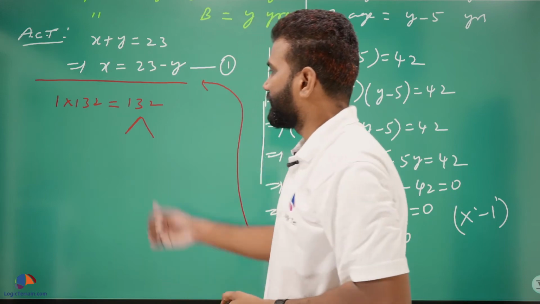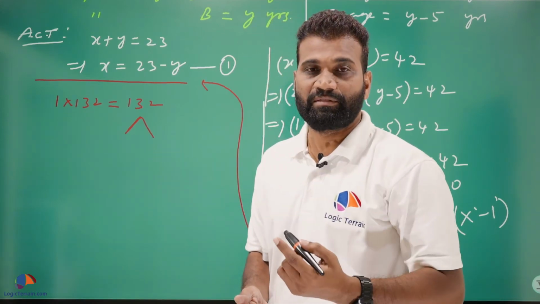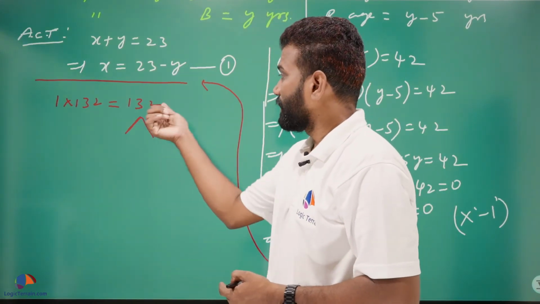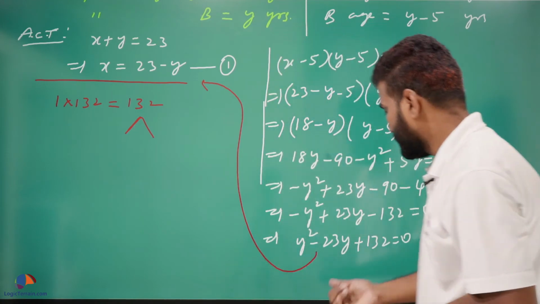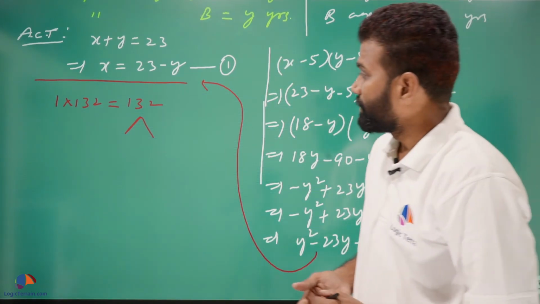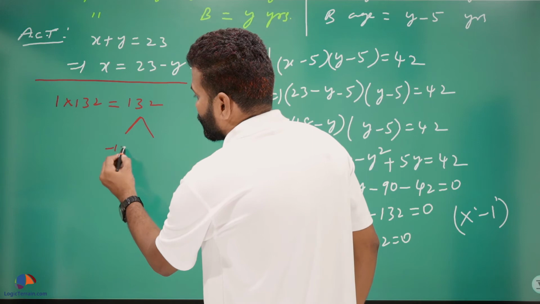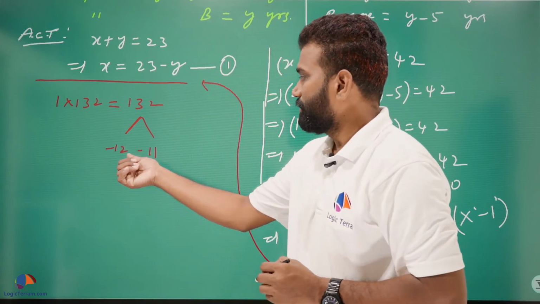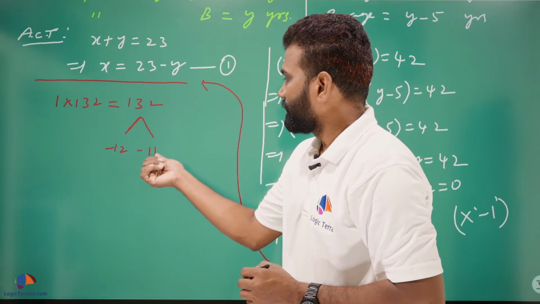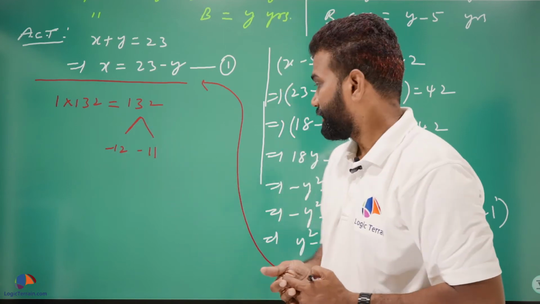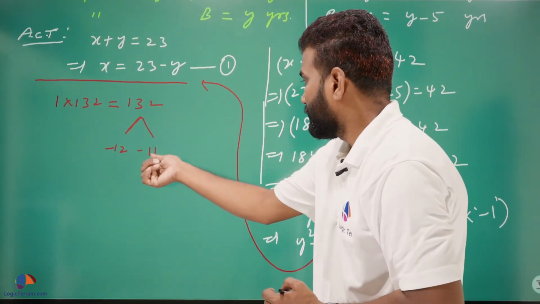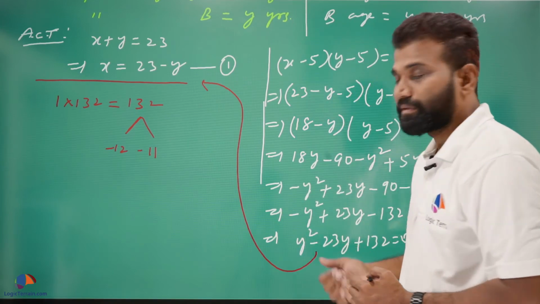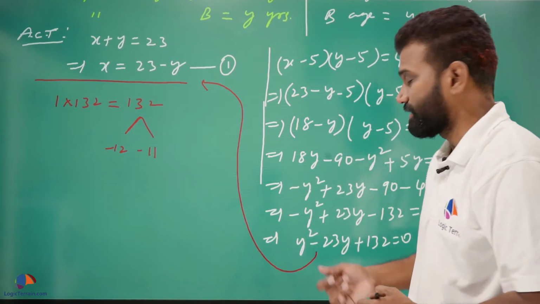So I'll split 132 in such a way that their product is 132 and their sum is negative 23. So I'll take negative 12 and negative 11. Negative into negative, positive: 12 11s are 132, and negative 12 and negative 11, when you sum up, negative 23. So both the conditions are satisfied.